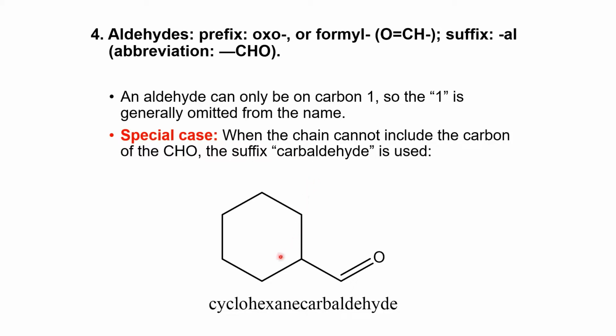For example, here, this is the CHO. It is outside from the cyclohexane. So we cannot write cyclohexanal. That's wrong because carbon number 1 of the carbonyl is outside the ring. So we have to name it cyclohexane carbaldehyde.